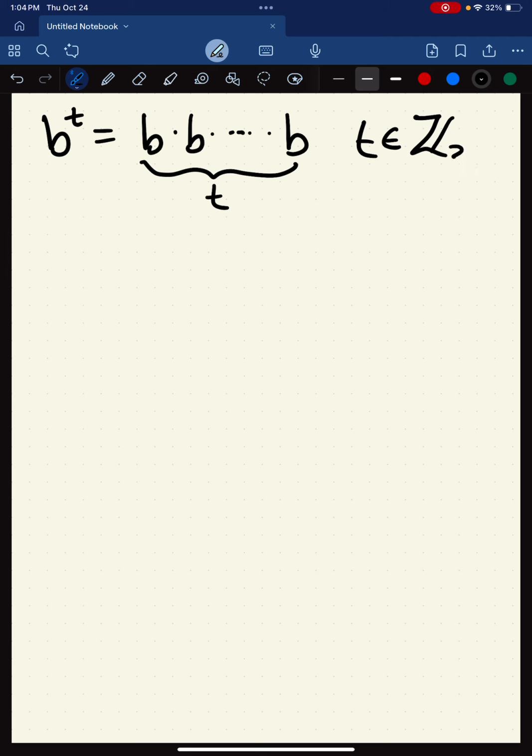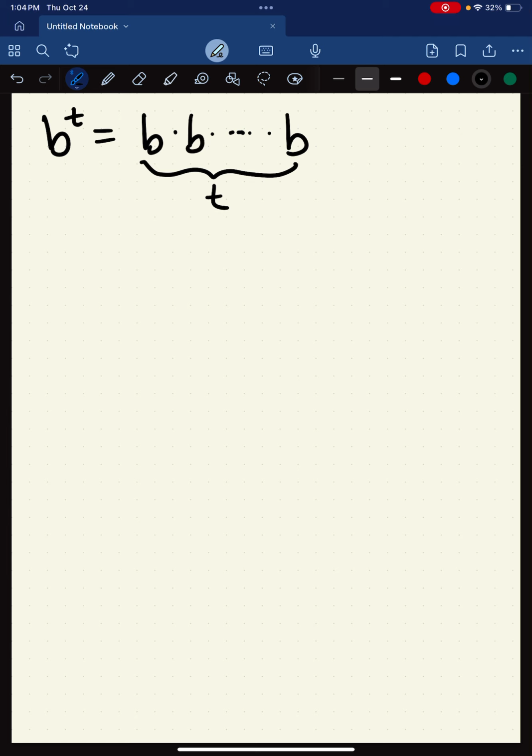Okay, let's recap. b to the t is b times dot dot dot times b, t times, where t is some integer greater than or equal to 0. That's this intuition, but you know what?